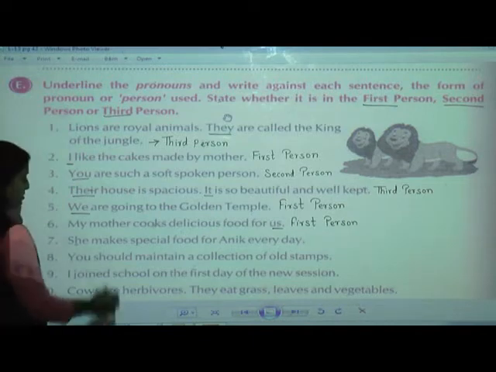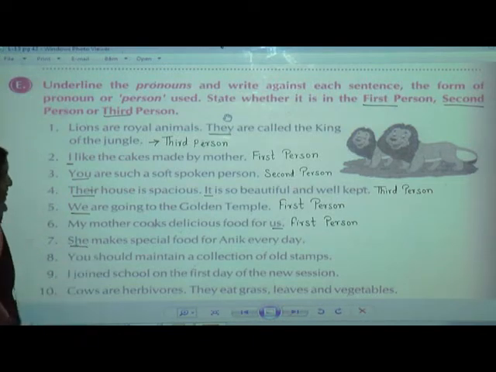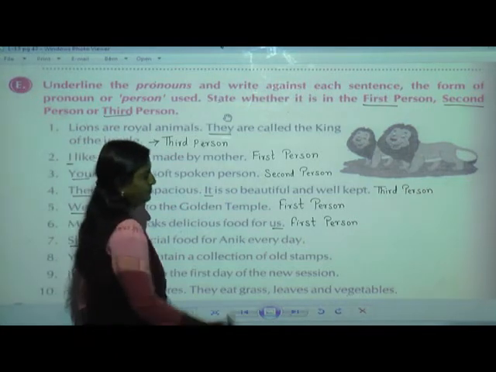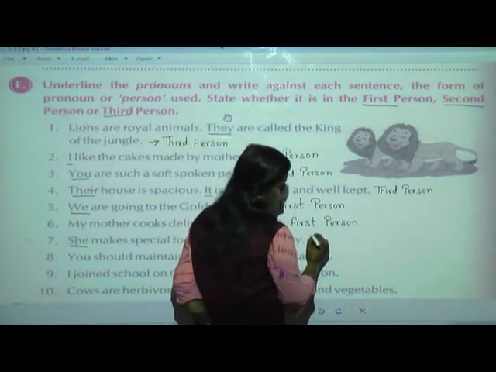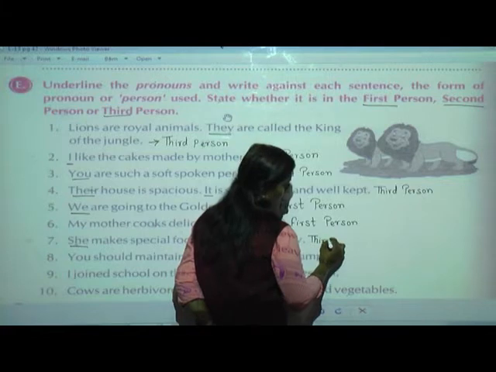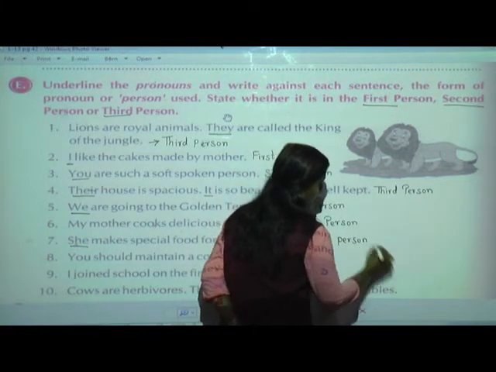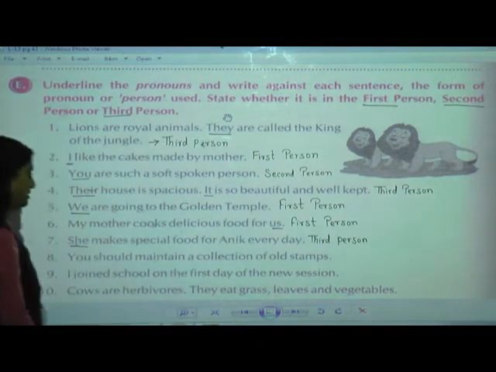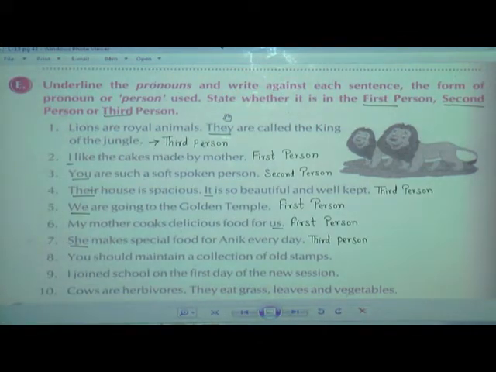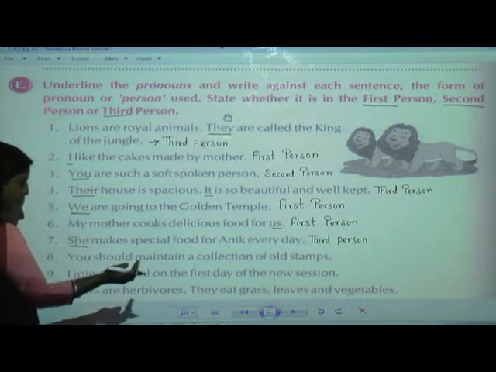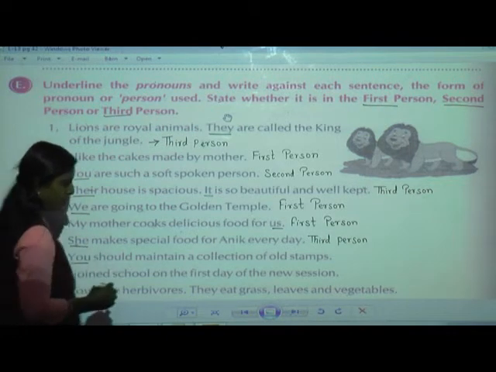She makes, so it's third person. I am talking about the third person. The speaker is telling the second person about the third person, that she makes special food for Anik every day. You should maintain a collection of old stamps. You means the speaker is telling someone, so you is second person.